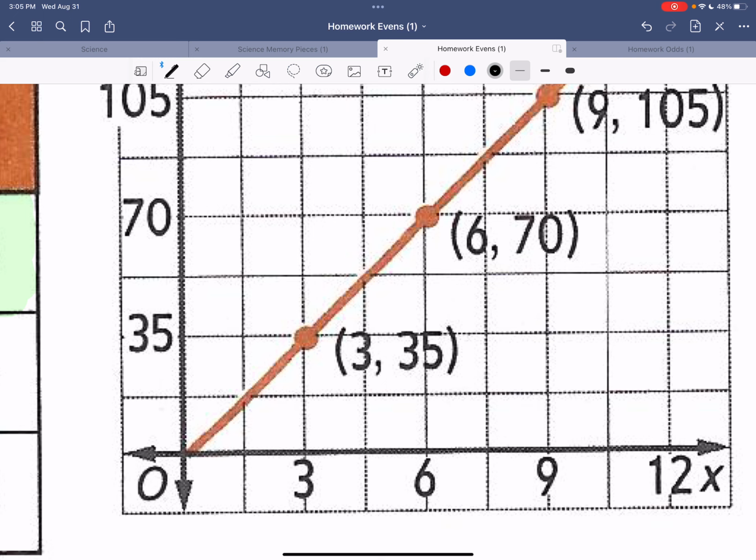But we can do what we just did in the other one. We can say that it's $35 for 3 cartridges. So let's break that down to just one. So 35 times 1 is 35 divided by 3 is $11.67 if you round it. So the graph here would be y equals 11.67x.